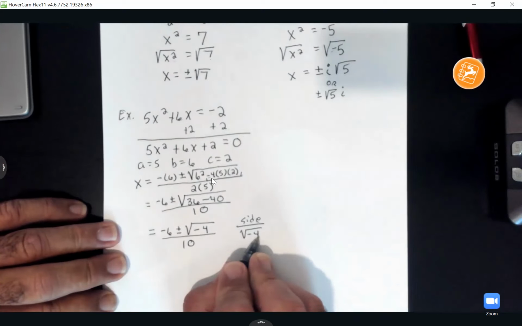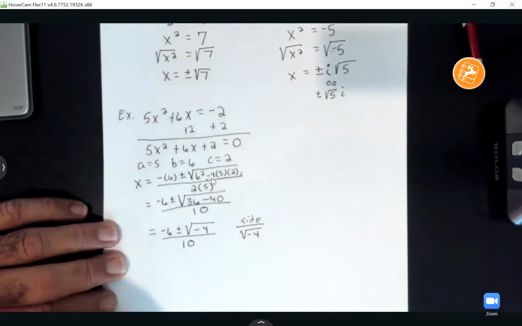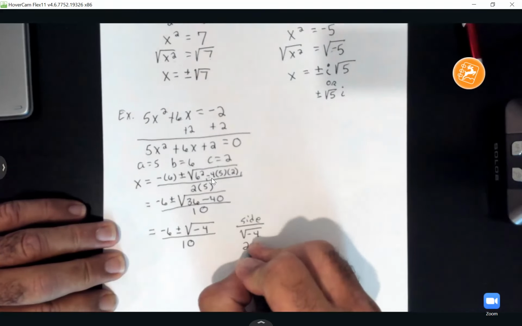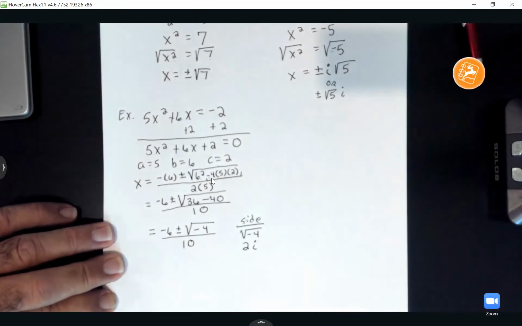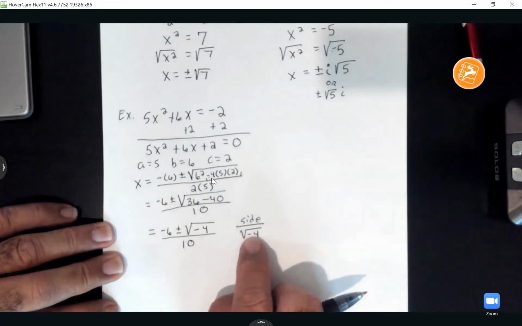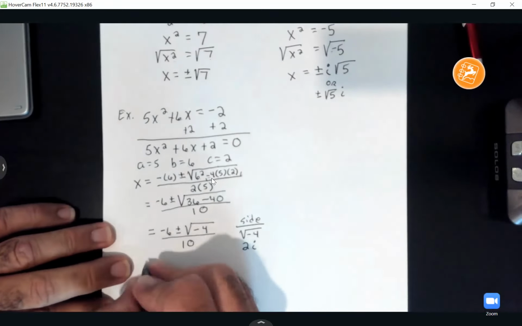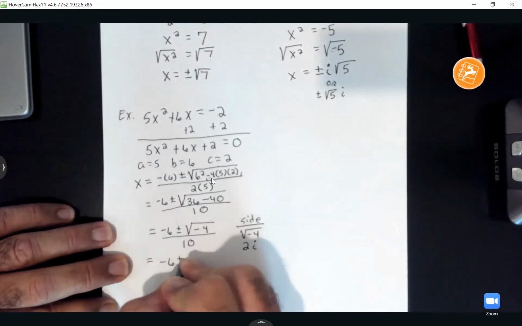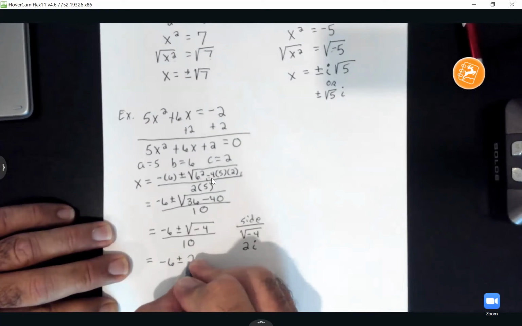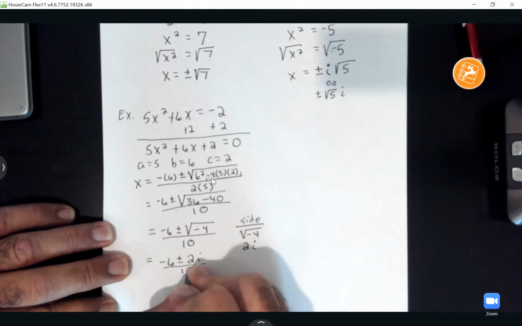Square root of 4 times i. And you can even go further. What is the square root of 4? 2. So 2, and then that i you told me. So if they're perfect squares like the 4 and it's negative, it's just going to come out as a single number and the i. So now we got -6 plus or minus 2i over 10.